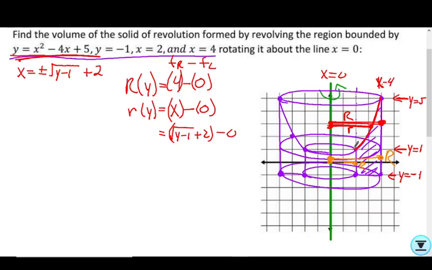Now for my other integral, my big R of y ends up being the same as the first one: the outside is still 4 and the left side is 0. But the inner radius, the smaller radius, becomes 2 minus 0.